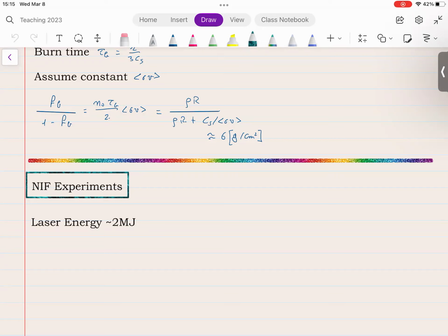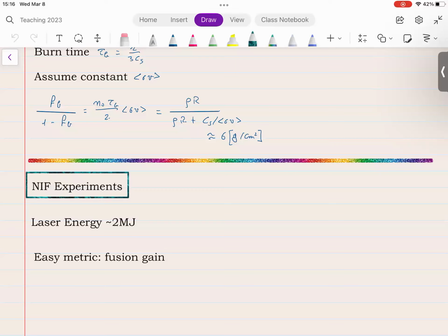Okay, so what is important to realize looking at ICF is that an easy metric to decide how well an experiment is doing, how well a shot did, is the fusion gain, which we have already encountered and defined as energy out over energy in.